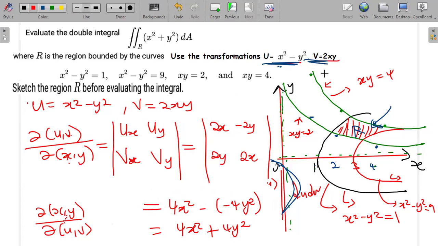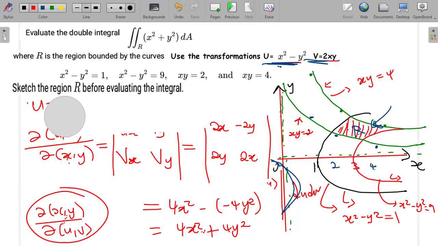So our Jacobian, when we're coming from the uv to the xy, is this one. But remember, I want the one where I'll be coming from the xy to the uv. So to find this one, I'll just take the reciprocal of this.